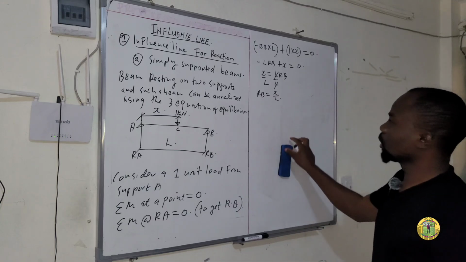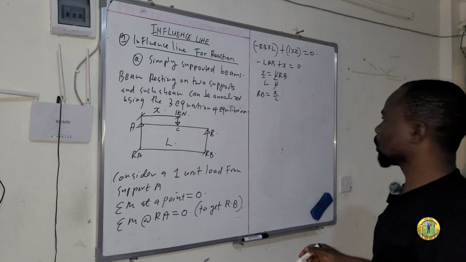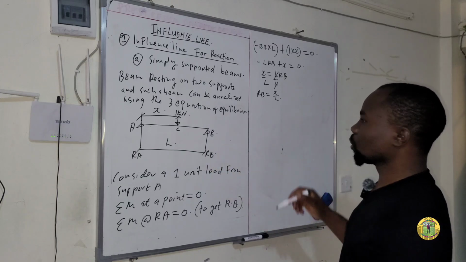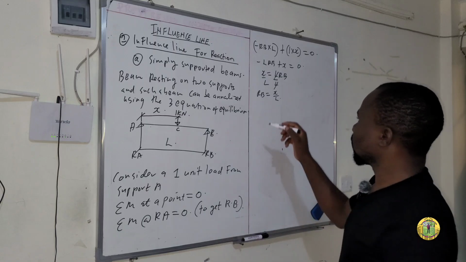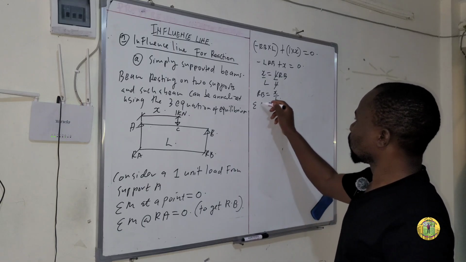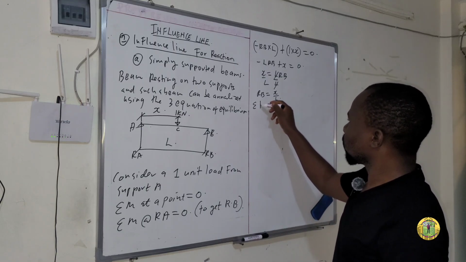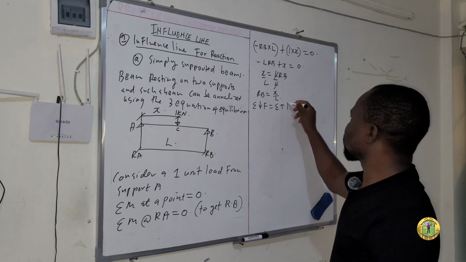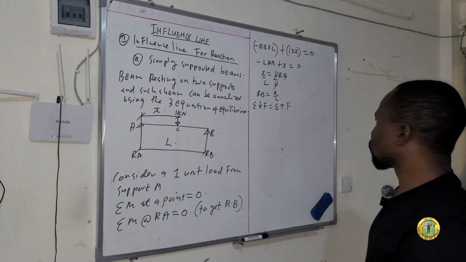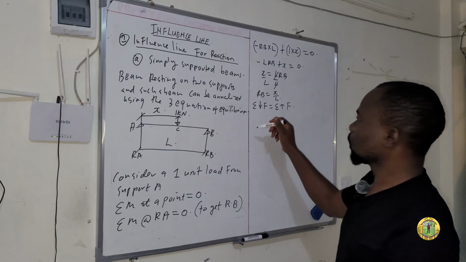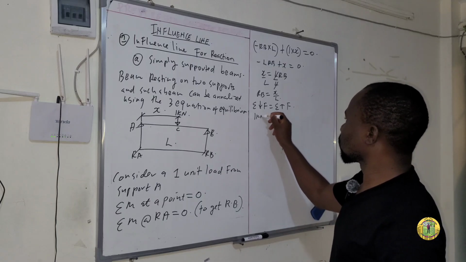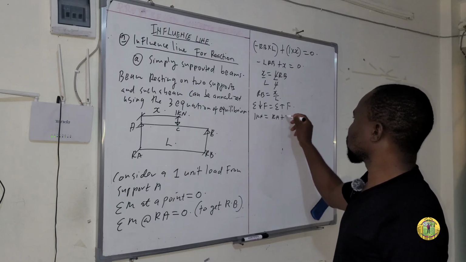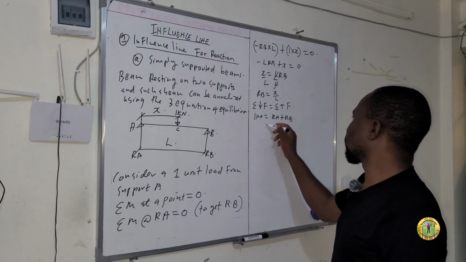So this is RB. So what about RA? To get RA, you will say summation of vertical or downward forces is equal to summation of upward forces. So the downward forces is 1 kilonewton, and the upward forces is RA plus RB.